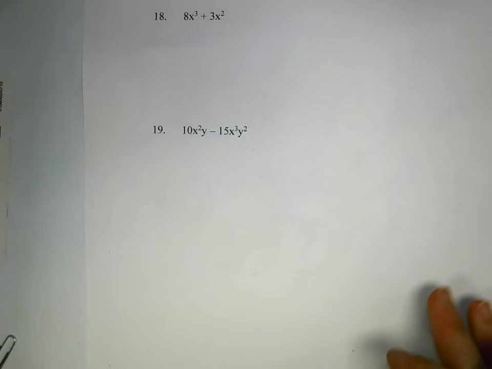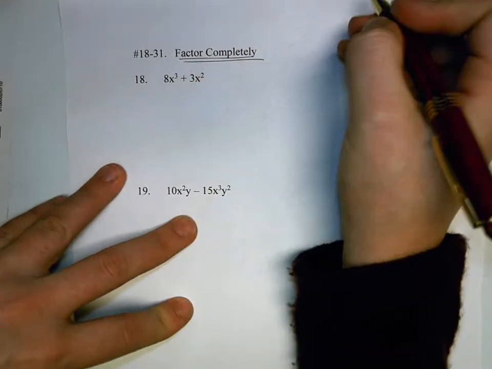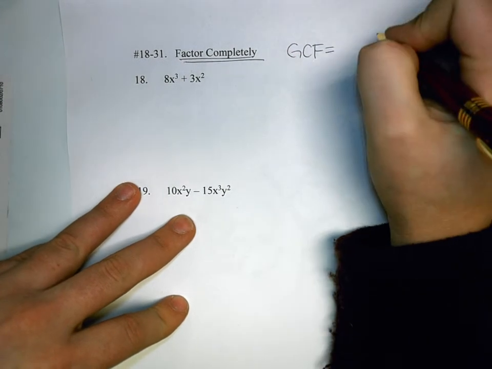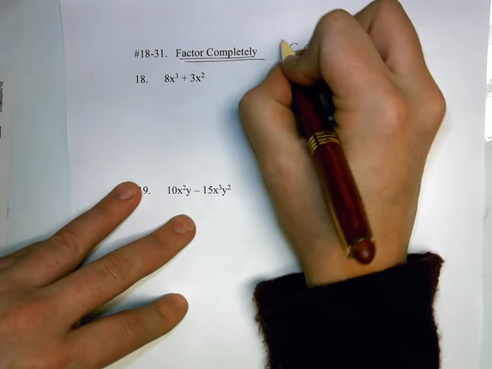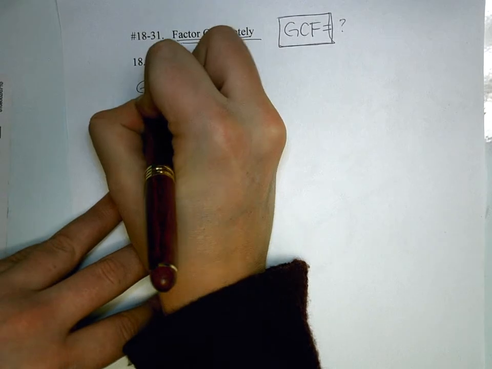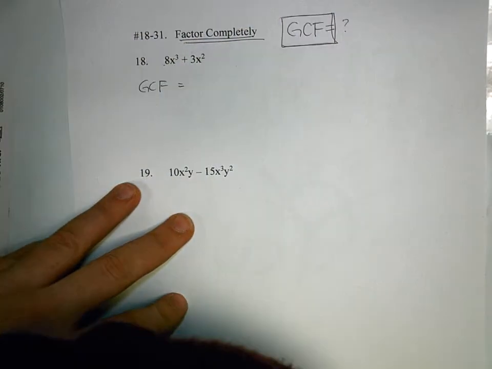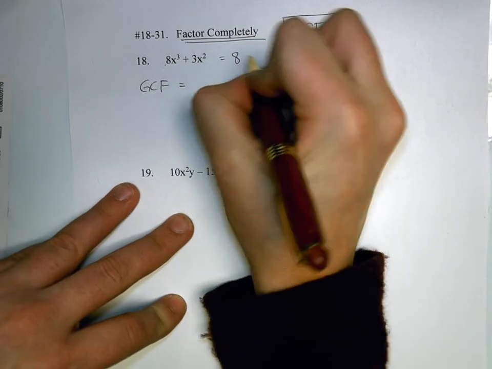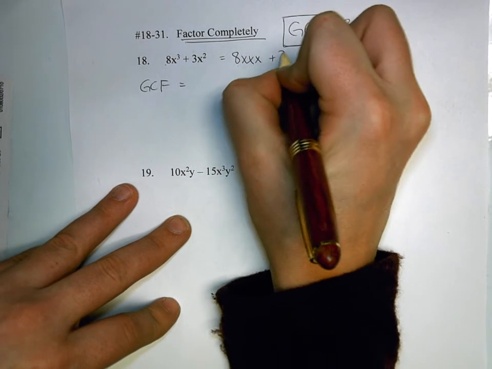Number 18 says factor completely. In order to factor completely, the very first thing we need to do is find a GCF. Always. So my first problem, GCF, between 8 and 3, they have no factors in common, but between x cubed and x squared, if I were to rewrite this problem, it'd be like 8 times x times x times x plus 3 times x times x.